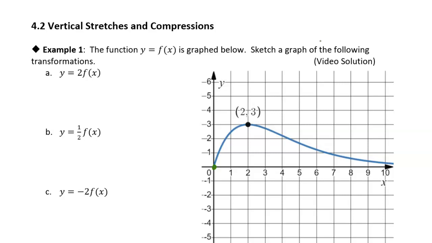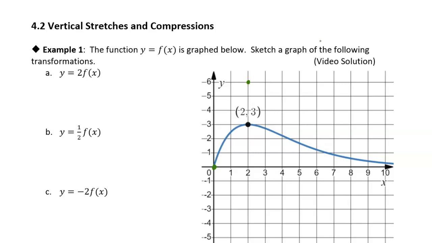But if we take a point like 2, 3, right? When x is 2, then f of x is 3, but 2 times f of x is going to be 2 times 3, which is 6. So the output for the input of 2 gets multiplied by 2, and now that point is on the graph.